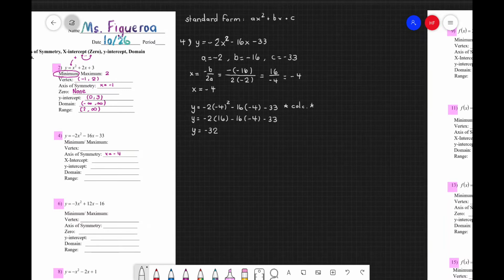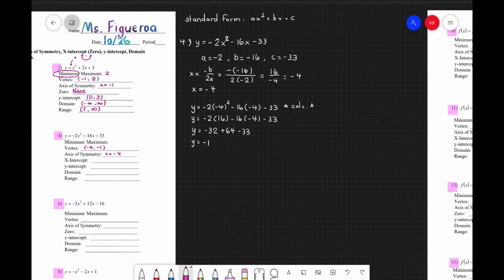Yeah, so we've got positive 64 since they're both negatives, and then minus 33. So negative 32 plus 64 minus 33. So we have negative 65 plus 64, which is negative 1. So I have my y value and my x value, which means my vertex occurs at negative 4, negative 1.